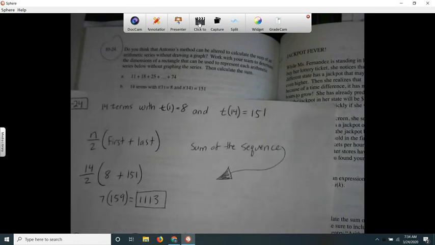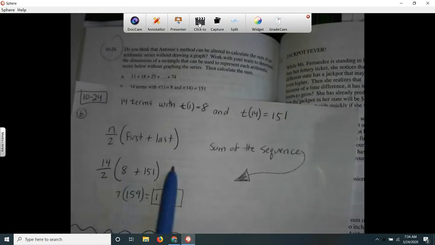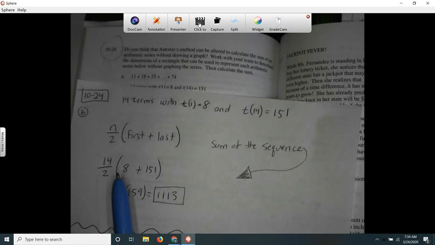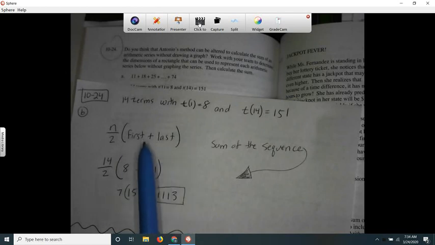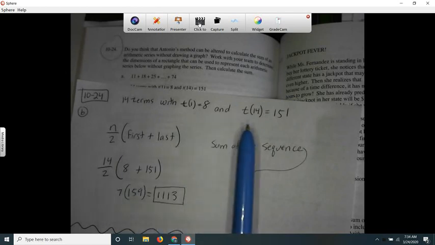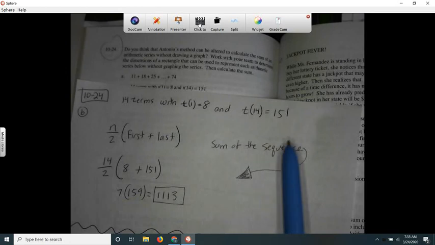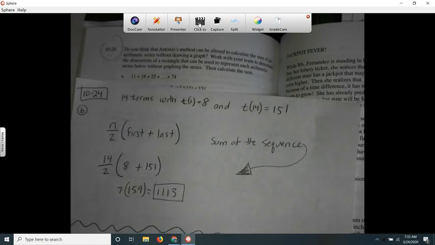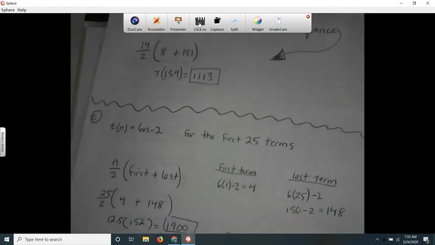I know this is my formula, so there are going to be 14 terms, and they're all going to pair up, and each pair is going to add up to the first plus the last, which is 8 plus 141, or 149. So I just used my formula: n over 2 times first plus last. Pretty easy.